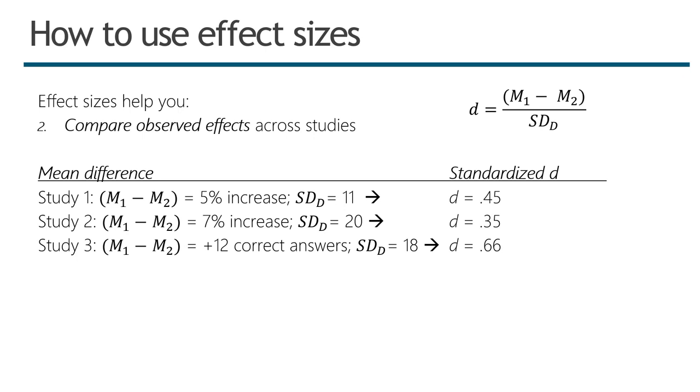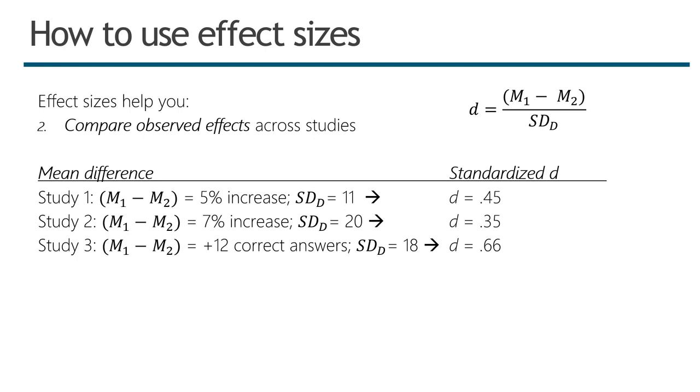And the only way we would know that is by using the standardized D to compare the effects observed in the 2 studies. Study 3 shows the same point, but perhaps more dramatically. We had a completely different dependent variable. So using the mean difference effect, we couldn't make any comparison at all.